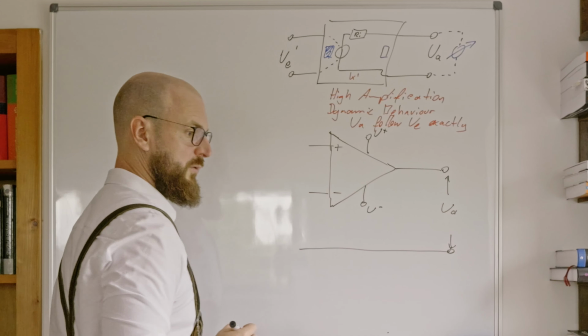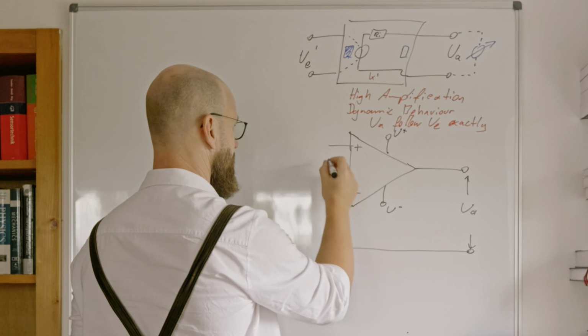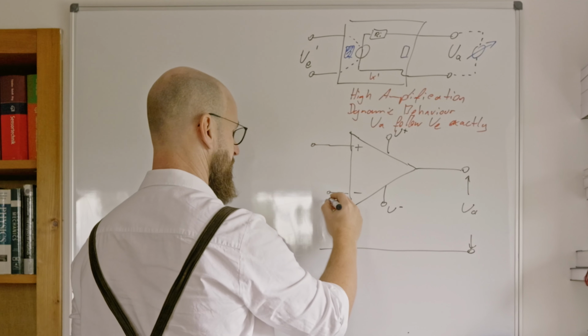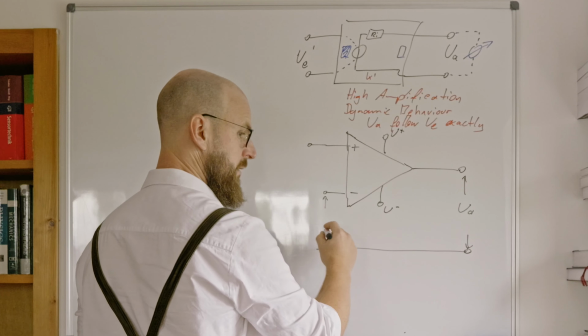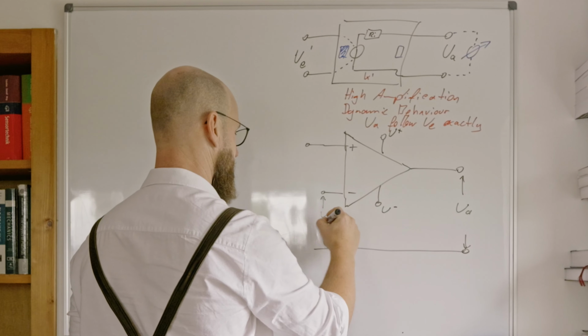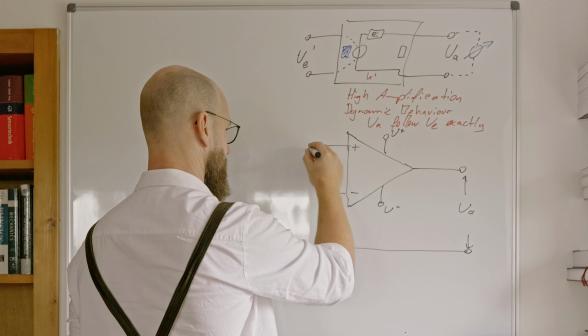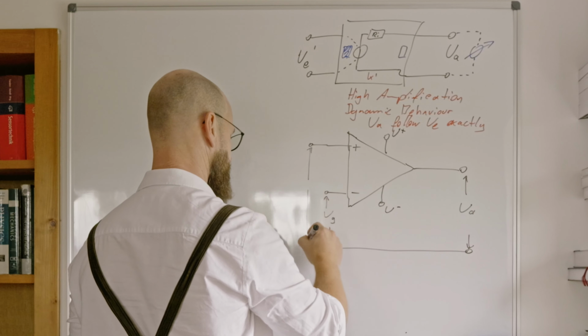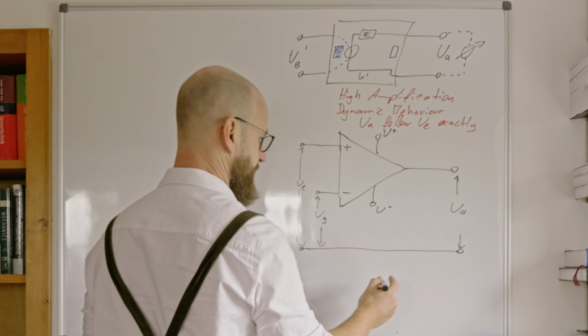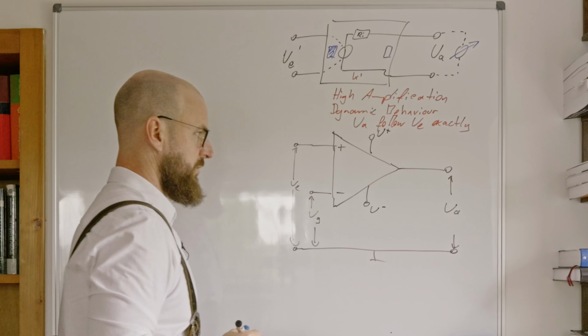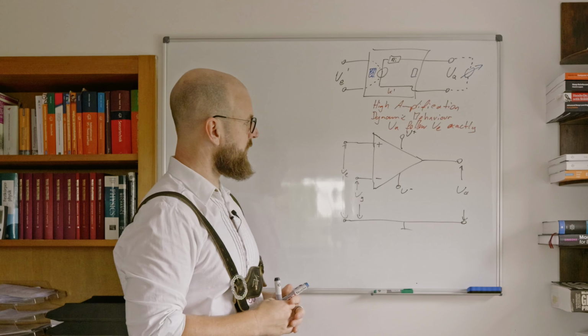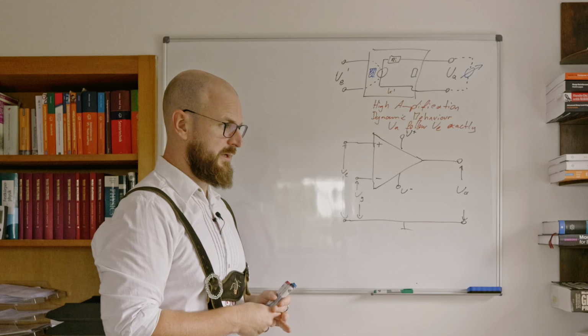So we have the output voltage over here, and we have two different voltages over here, namely UG and over here UE. And that's grounded over here. So that's the electrical circuit.